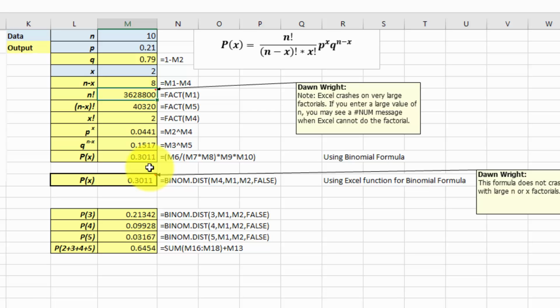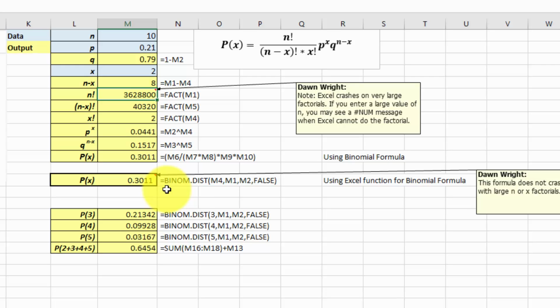So you can do it longhand, as I call it, or you can use the built-in binomial distribution function in Excel. And that's got the advantage of my note over here. This formula does not crash for large values of n or x. So it's got that advantage.